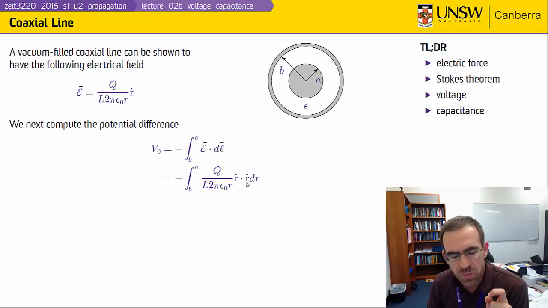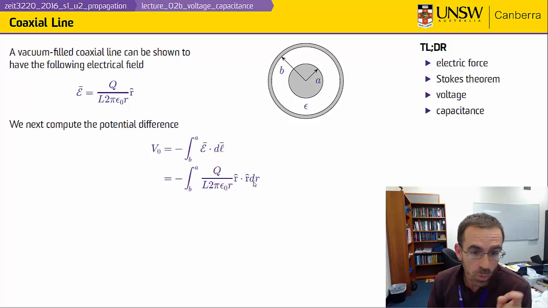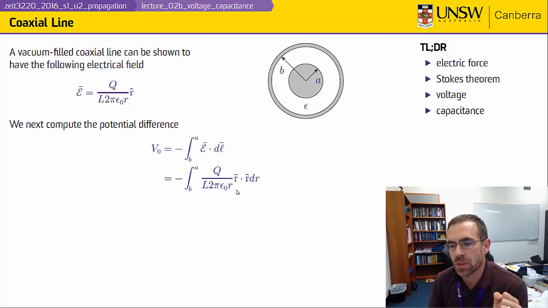Notice I'm taking this as being positive. My limits of integration are going from radius B to radius A. dr will then be a negative number, but I don't put a minus sign here. Now, we know from our rules that r hat dot r hat is equal to 1. That goes away.